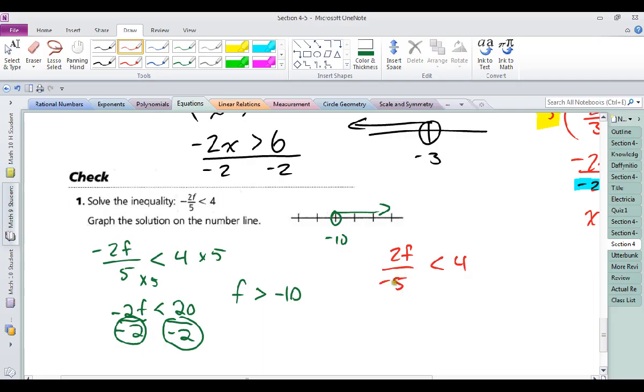Could we have put the negative at the bottom? Yep. Then we would multiply both by negative 5. There's our multiply by a negative. And we'd have 2f. We'd switch the sign there to negative 20. Then we would divide by a positive and get the same answer. Righty-ho.